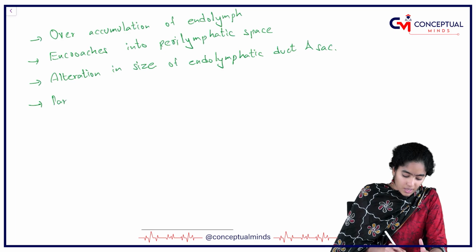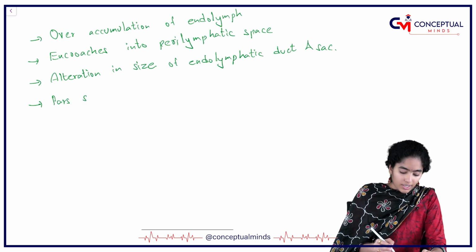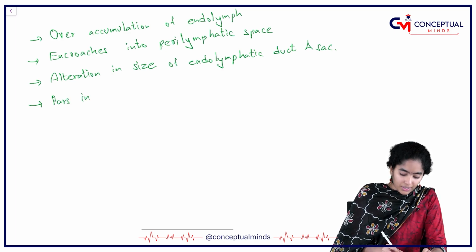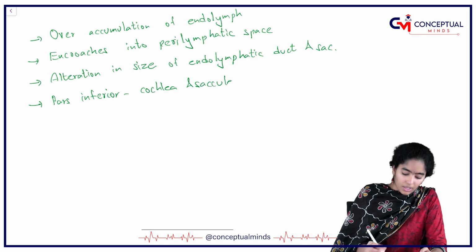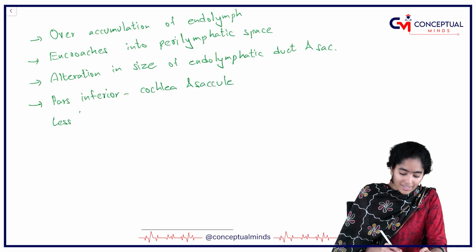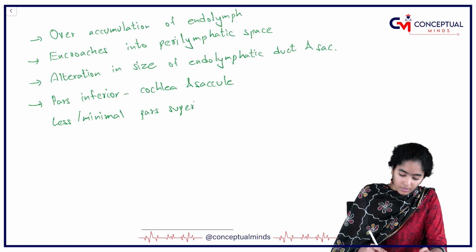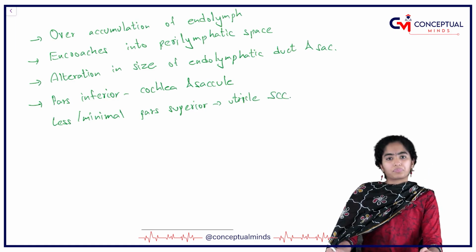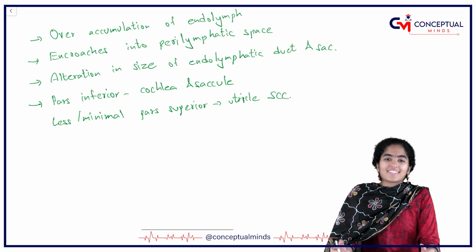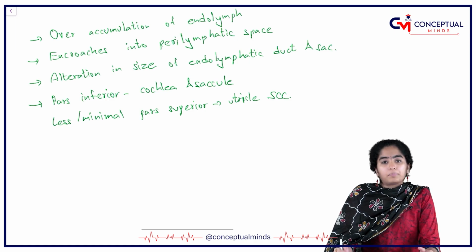The changes are most conspicuous in the pars inferior, that is cochlea and saccule, and they are less or minimal in the pars superior, that is the utricle as well as the semicircular canals. And the basilar membrane is getting distended into the scala tympani.